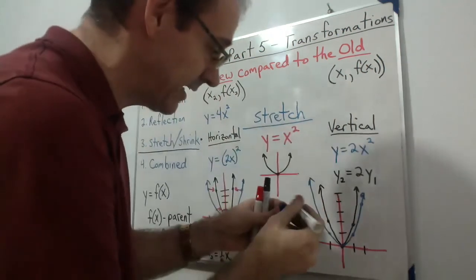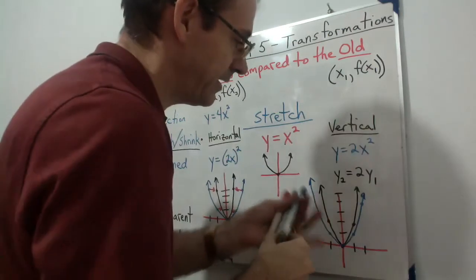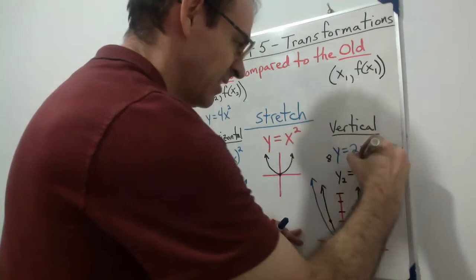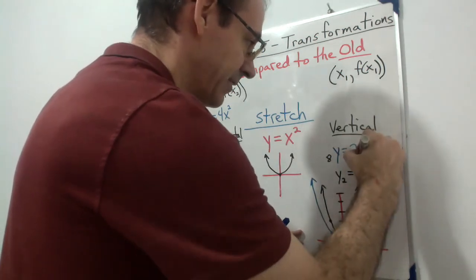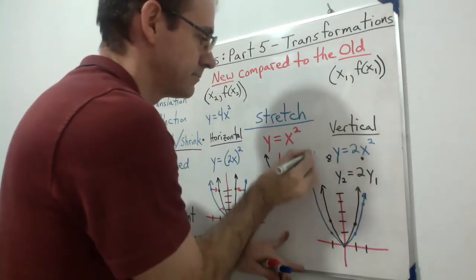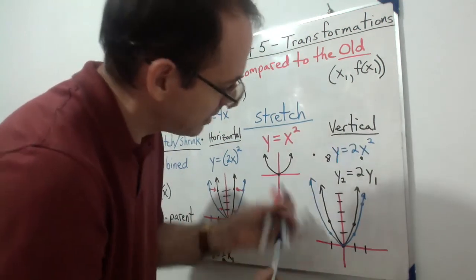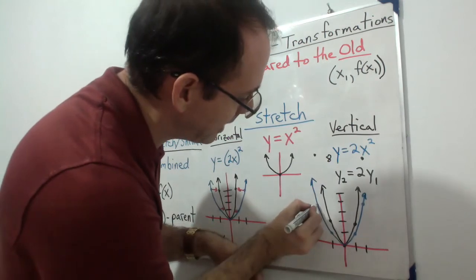Now remember I said that this comes up and actually goes up to 8. The dot that's actually up from here is at 8, whereas the dot that's down here is at 4.